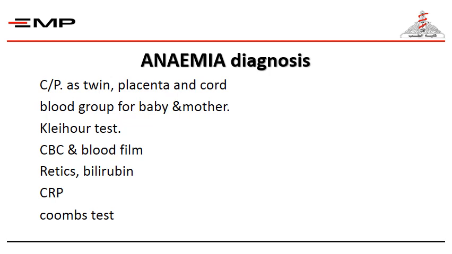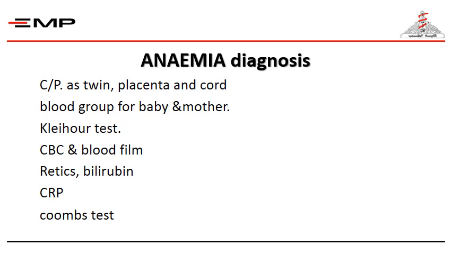We have to know the blood group of the baby and the mother, as regards ABO blood grouping and RH blood grouping, because if the mother has an RH negative blood group and her baby, for example, has an RH positive blood group, this might point to RH disease of the newborn. Next, we have to ask for the Kleihauer-Betke test, which we will discuss in the next slide.